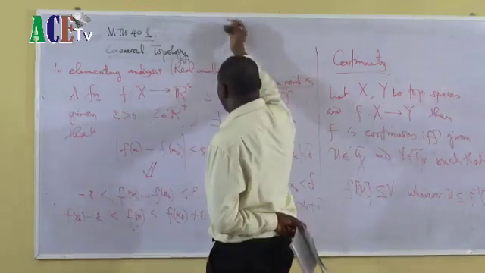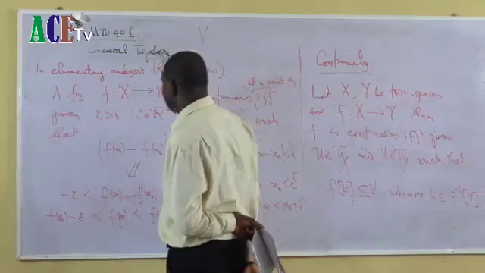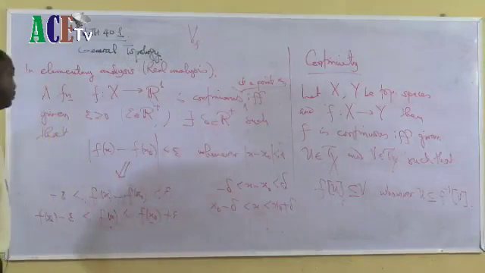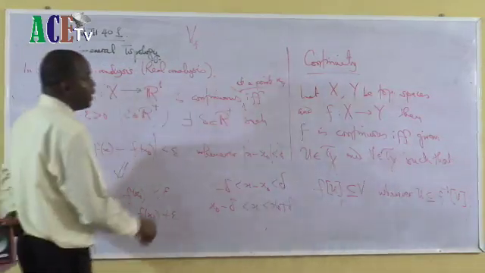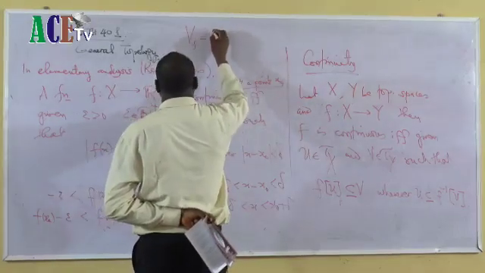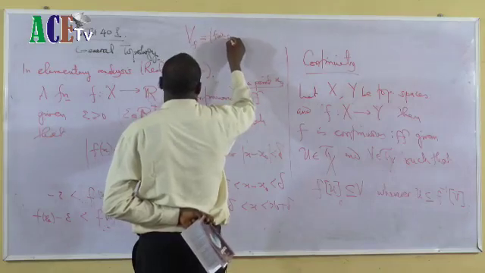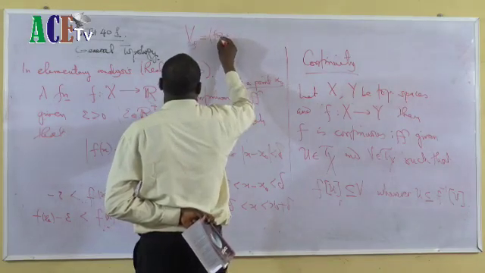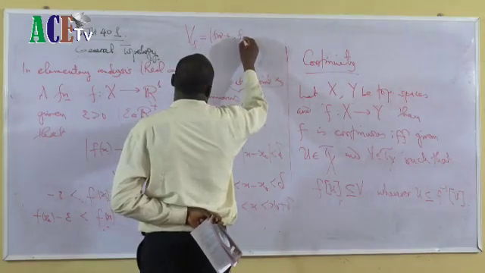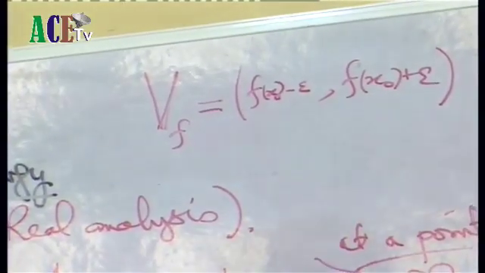And this I may decide to write as V here is the neighborhood of f, and it is made up of the open interval f(x naught) minus epsilon, comma, f(x naught) plus epsilon. Okay?